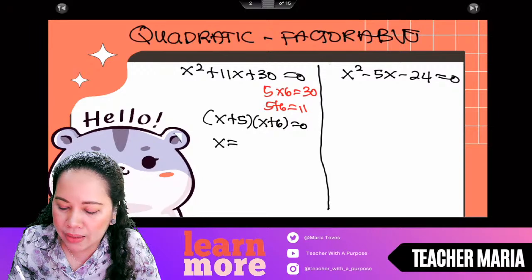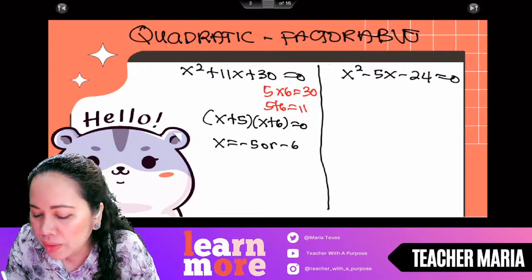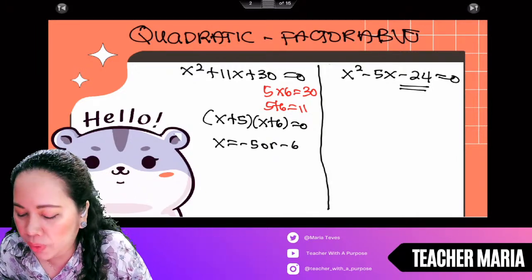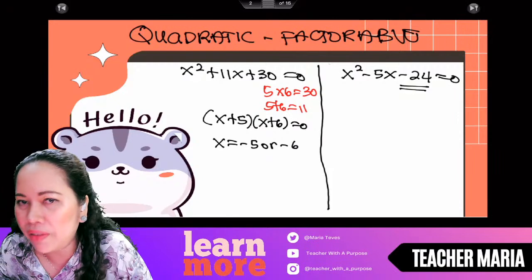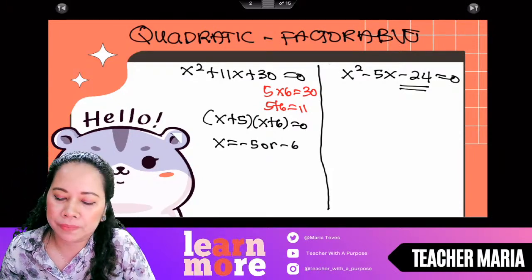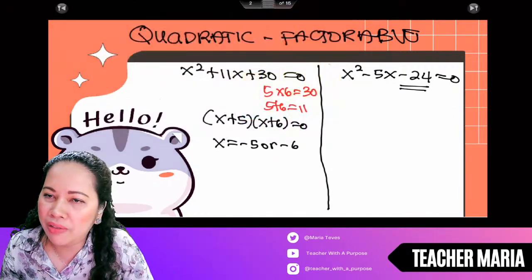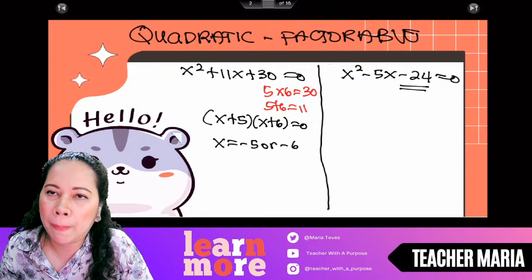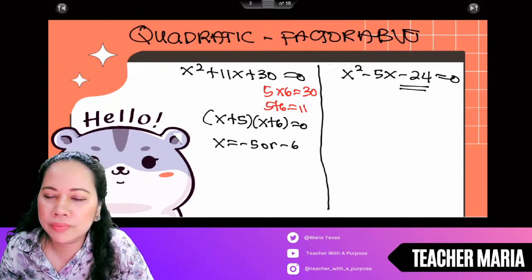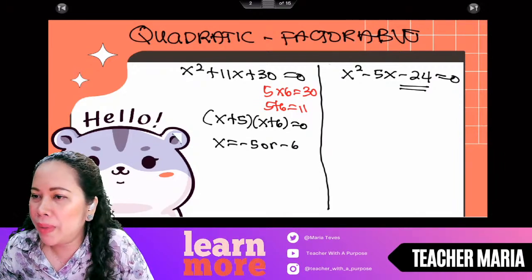How about negative 24? What is the factor of negative 24 that will give you a sum of negative 5? A factor of negative 24 that will give you a negative 5. What would that be?